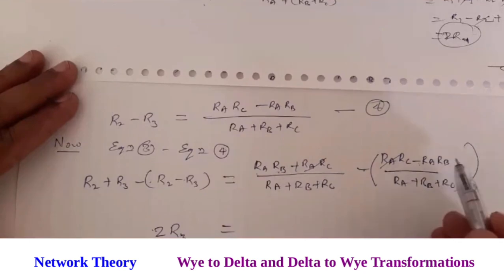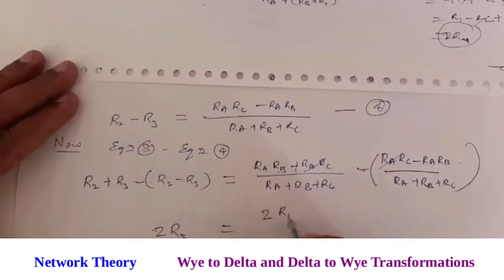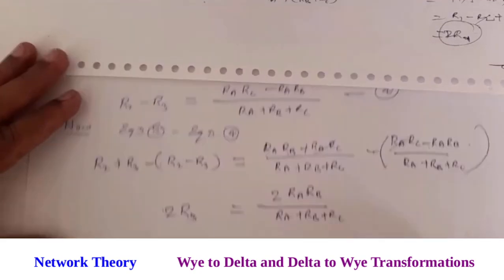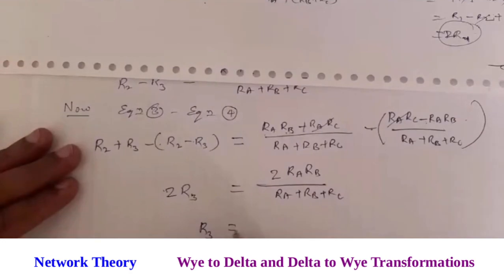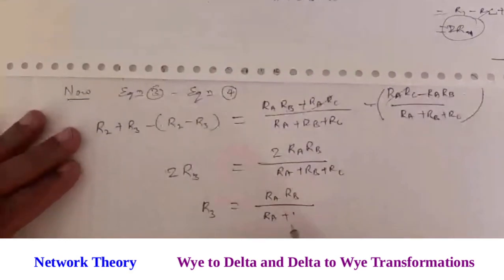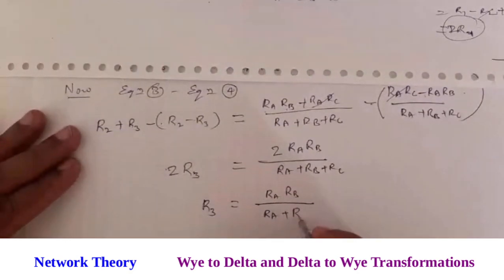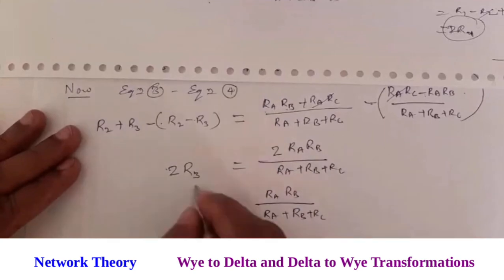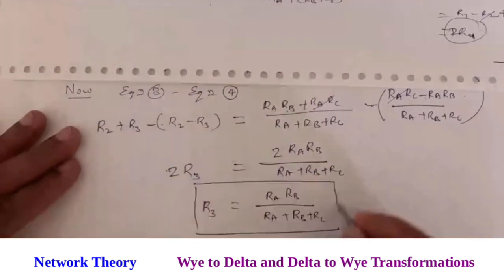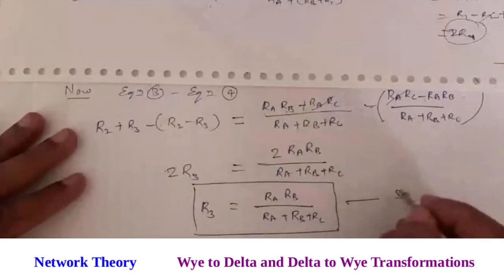Obviously we get 2 RA RB divided by RA plus RB plus RC. But what I want is only in terms of R3, which is equal to RA RB divided by RA plus RB plus RC. I call this equation number 5.